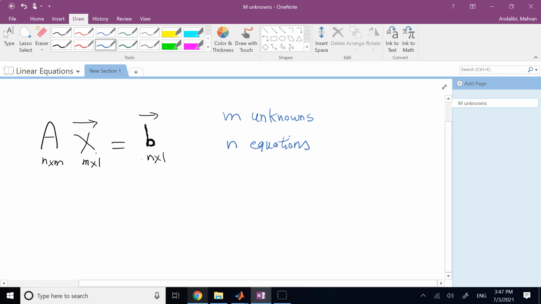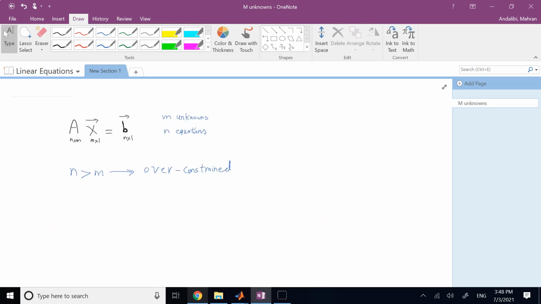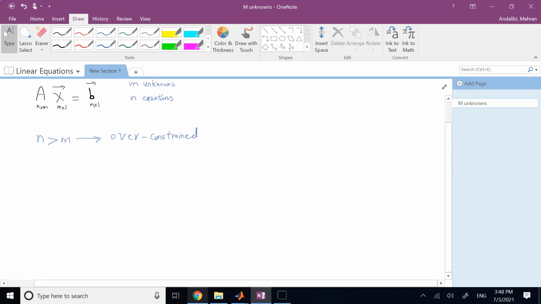Okay, so let's consider different scenarios here, right? First, let's assume that the number of equations is bigger than unknowns. This set of equations, we call them over constraint. So you have more equations than unknowns. Like what? Like one of the famous examples that you know, and we talked about it in one of our previous videos, are curve fitting problems, right?